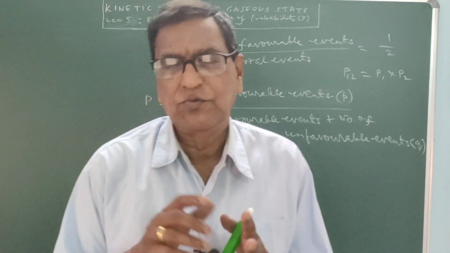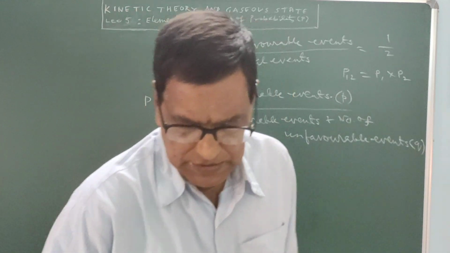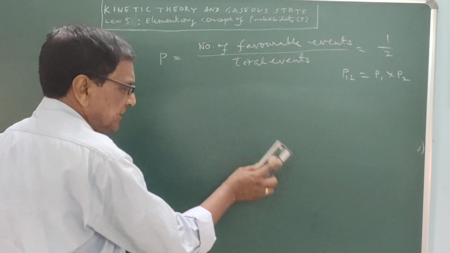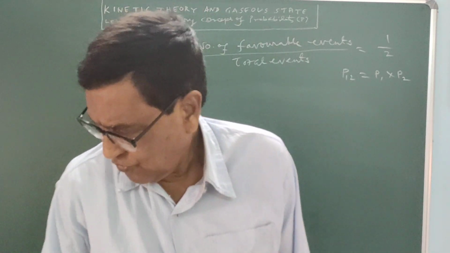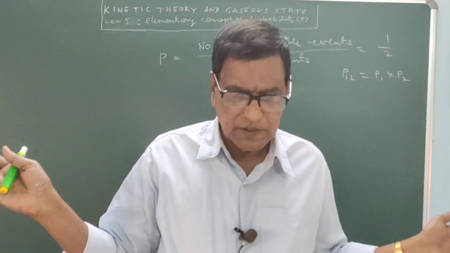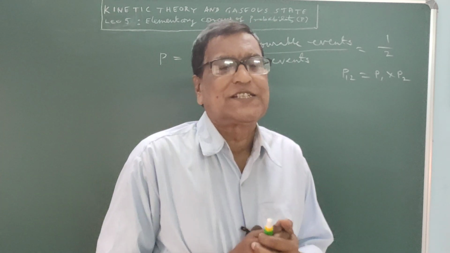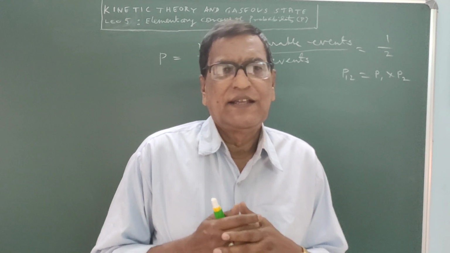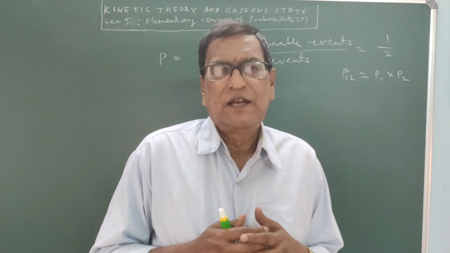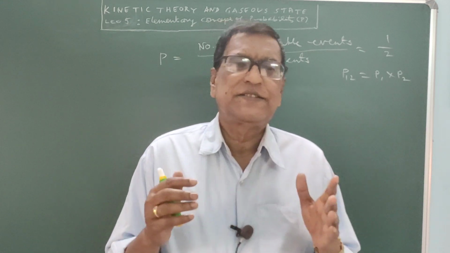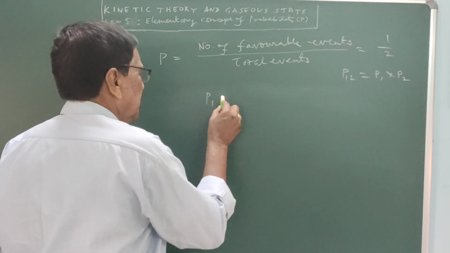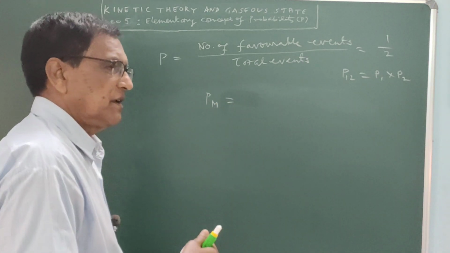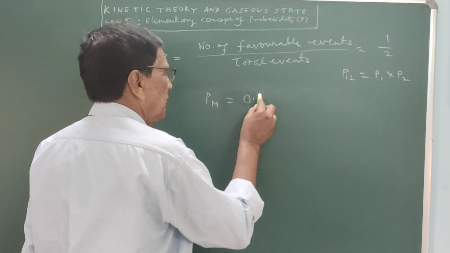Now I show you one beautiful example. Say in a country, where a large number of people live, suppose the probability of a person being a male person, P1 equals P male, is 0.495.